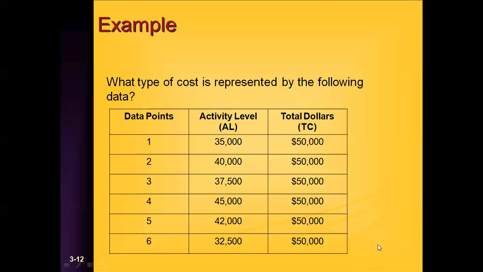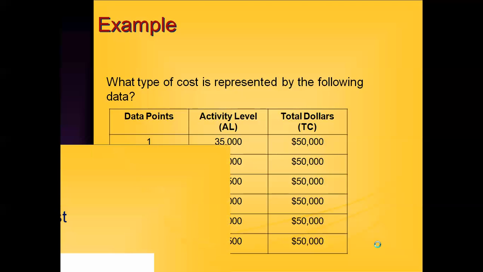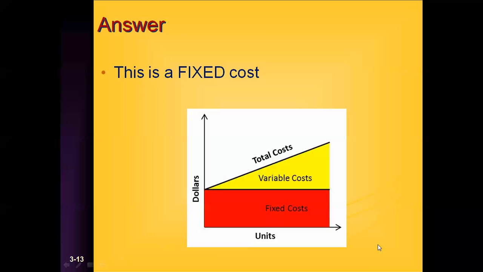So based on what we've talked about, fixed cost, variable cost, mixed cost, what kind of cost do you think this is? Why don't you reflect on that for a second? I'm sure you've got the answer, but clearly it's a fixed cost.